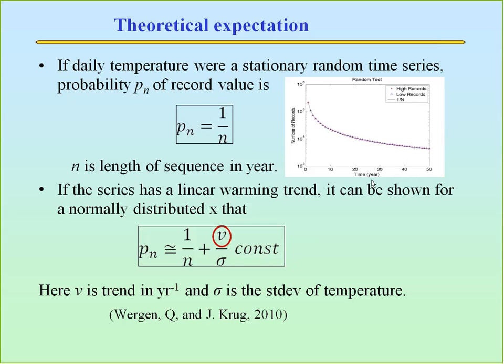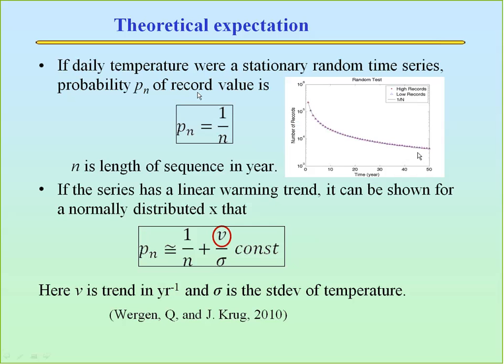If it's the first year, you are a record, both high and low. In the second year, you have only half a chance to break a record because it compares the previous one and this year, and so on. So as time increases, breaking records gets more and more difficult. The pattern is 1/n, like this.